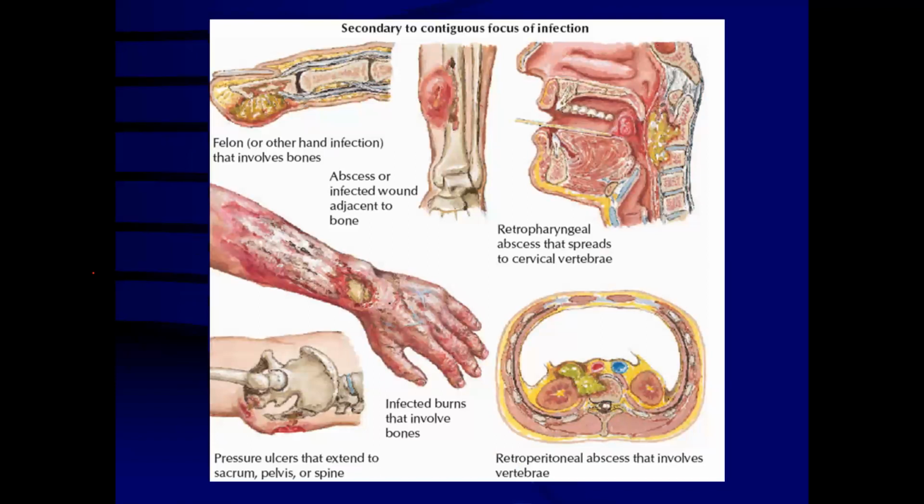You can have multiple sites of infection you have to think of, okay? You should not forget about the retropharyngeal abscess, or Ludwig's abscess, or the felon, or the paronychia. We spoke about this in other lectures. You should not forget about the subperiosteal abscess collection.